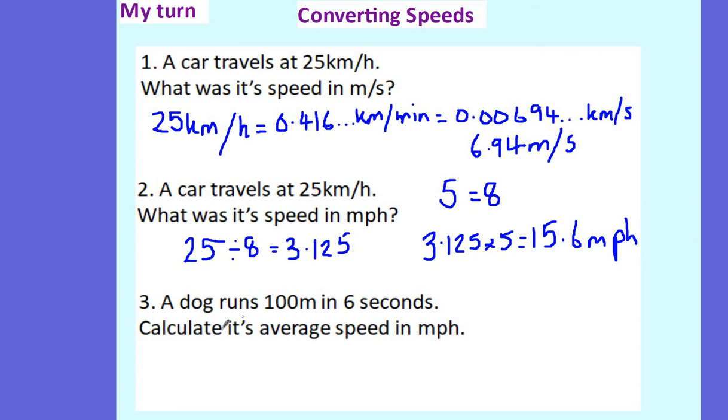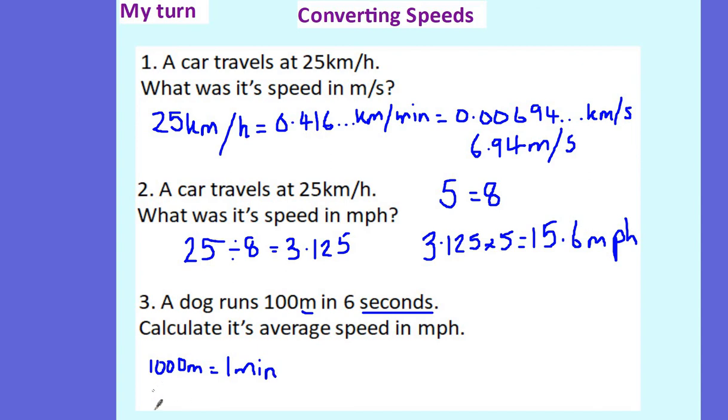Let's put that together. I've got a dog runs 100 metres in 6 seconds. Can I calculate its average speed in miles per hour? So we need to convert both sets. We need to convert the distance and the time this time. So if the dog runs 100 metres in 6 seconds, that means in a minute, because there are 60 seconds in a minute, I times that by 10, and the dog is running 1,000 metres in 1 minute.